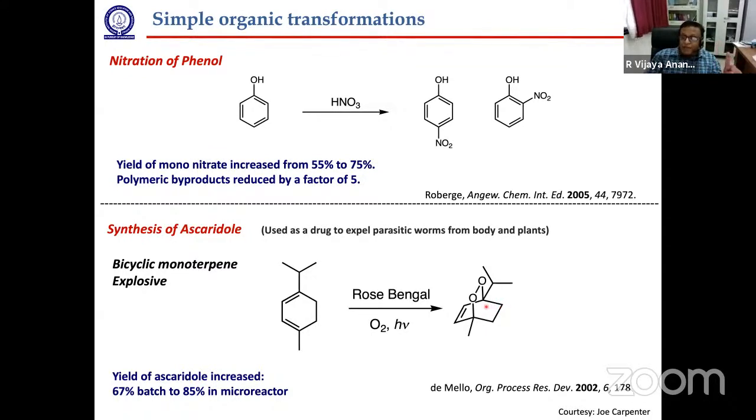You have to be careful with that while doing the reaction. If you apply microreaction technology here, you see the yield is increased from 67% to 85%. And it is actually safe, because you don't have to handle too much of the product in the reaction flask.